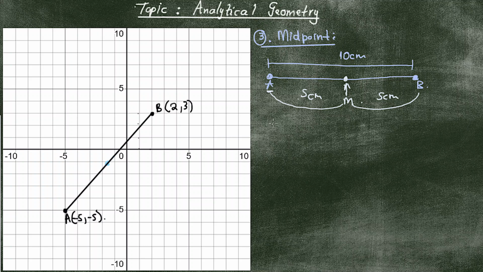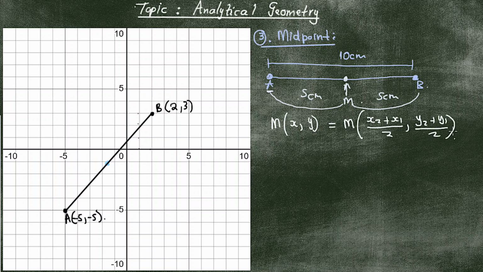So how do we calculate the midpoint? It's M(x, y) equal to M, open bracket, x2 plus x1 over 2, y2 plus y1 over 2.